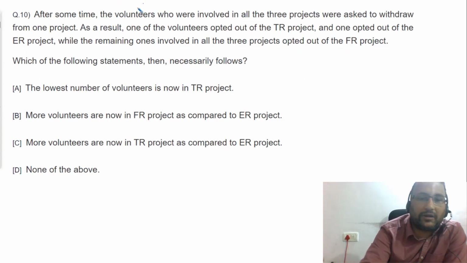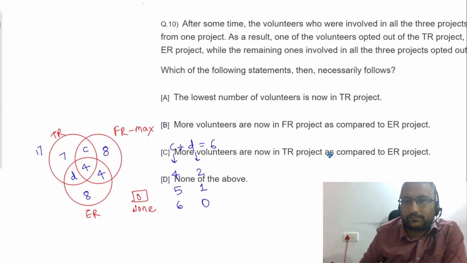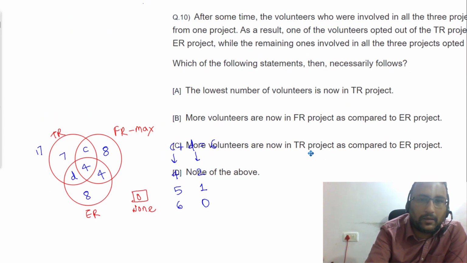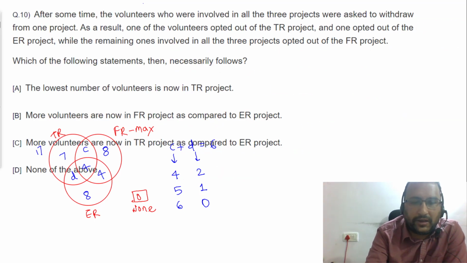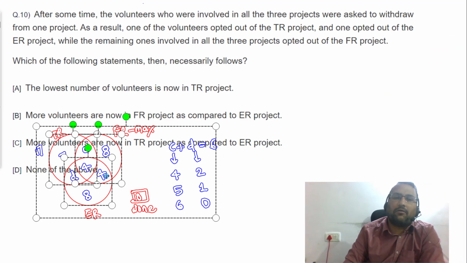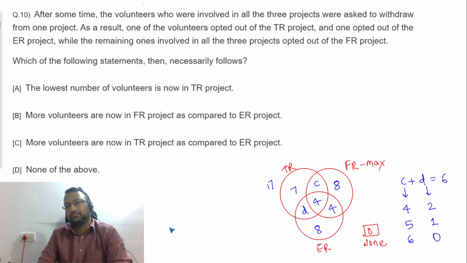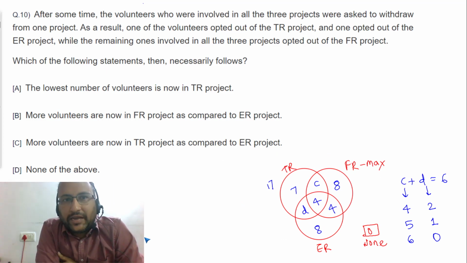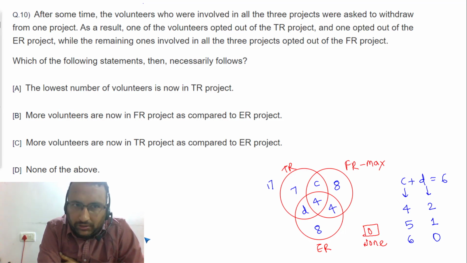After this, question number 10, let's have a look at it. After some time, the volunteers who were involved in all three projects were asked to withdraw from one project.